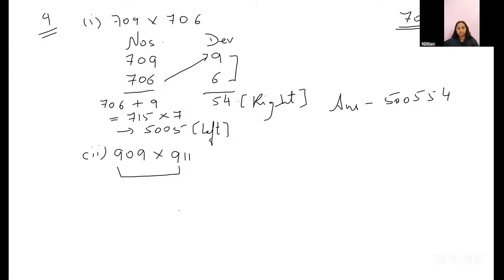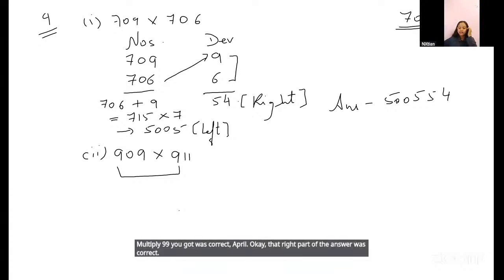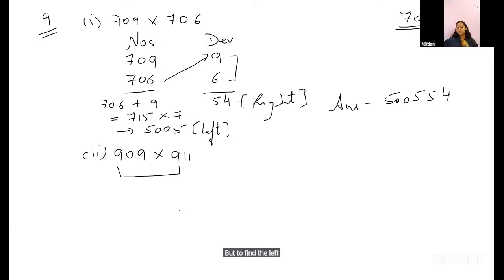Okay, ma'am. Okay. Very simple. Take the deviation 9 and 11. Multiply. 99 you got was correct, Abraham. That right part of the answer was correct. But to find the left part of the answer, first add the opposite deviation and number together.